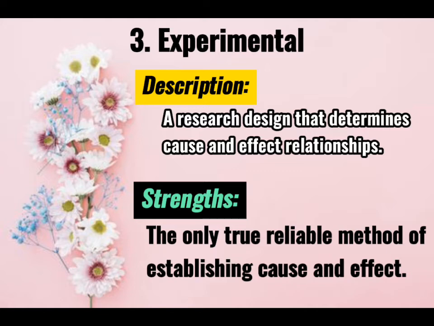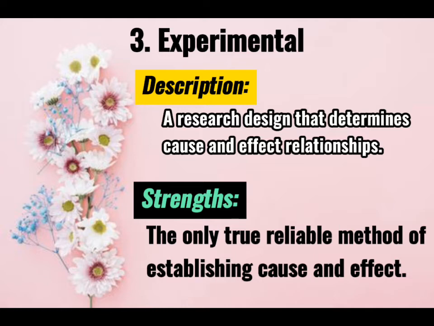As for strength, it is a true, reliable method of establishing cause and effect. For example, if you really want to know if there is a cause and effect between the sunlight and the plant, if there is an effect on the growth of the plant from the sunlight.